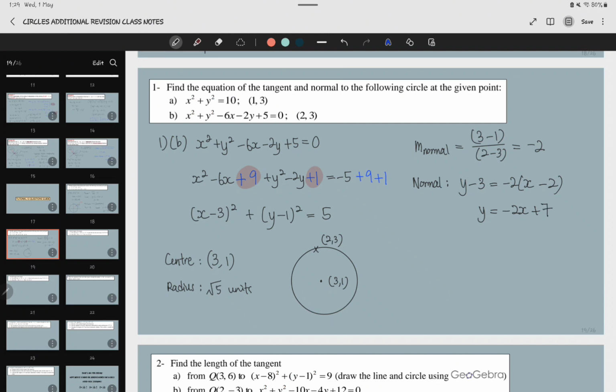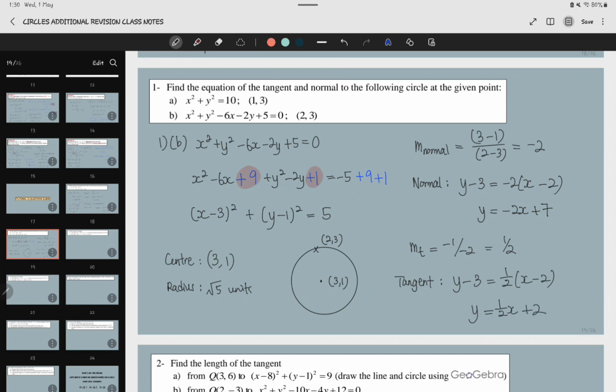This is your normal. But now we don't want the normal, we want the tangent. So m tangent would be negative 1 divided by negative 2, which is 1 over 2. So your tangent equation would be y minus 3 equals 1 over 2 times x minus 2. y would be 1 over 2x plus 2.